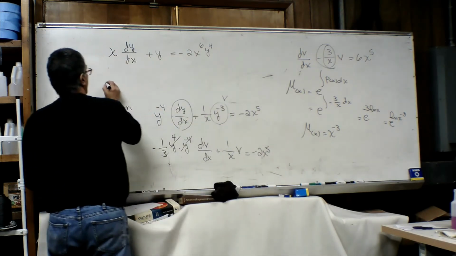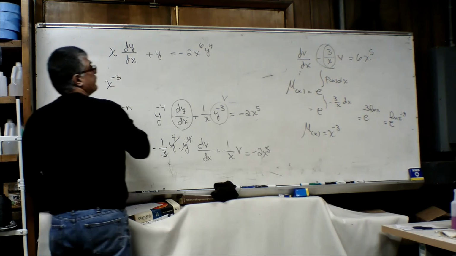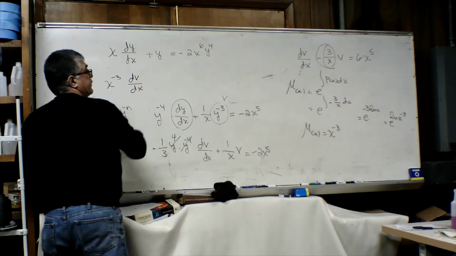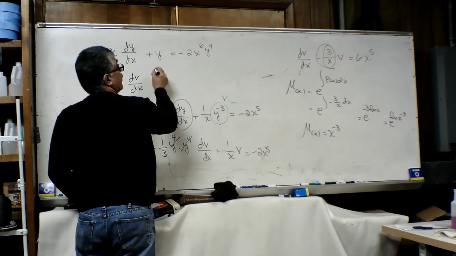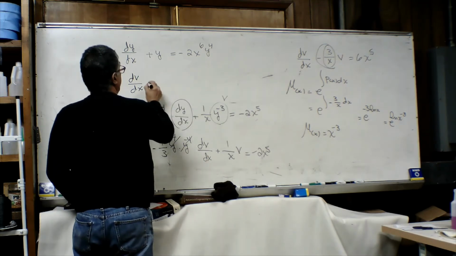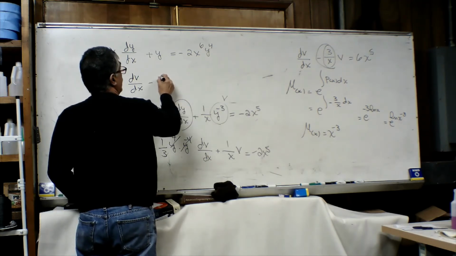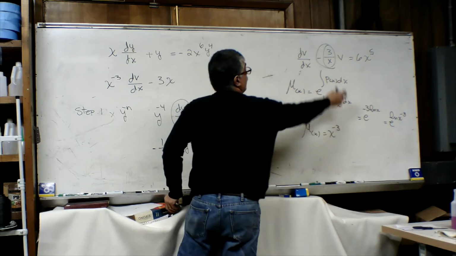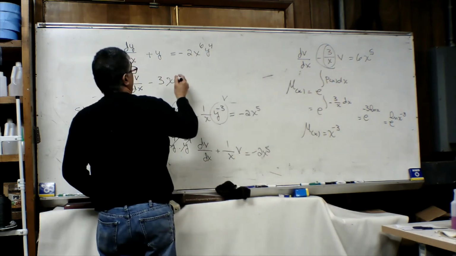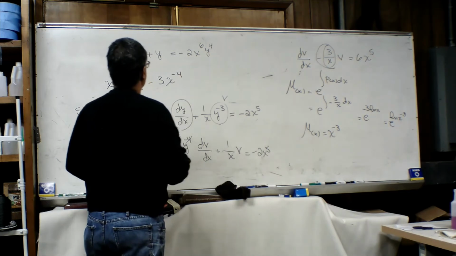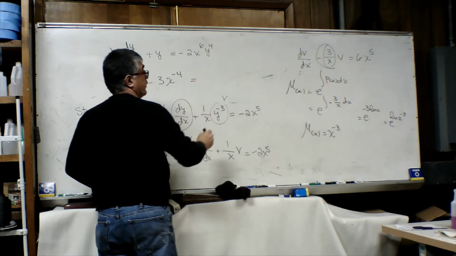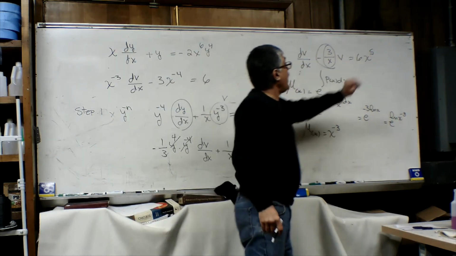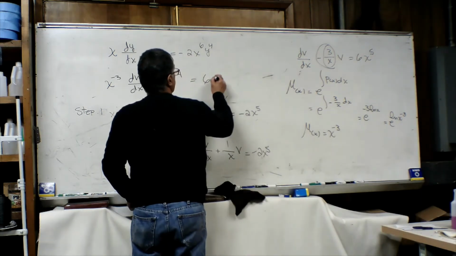So we're going to have x to power minus 3 dv over dx minus 3 x to power minus 3 multiplied by 1 over x, which is x to power minus 4, v equal to 6. X to power minus 3 multiplied by x to power 5 is x squared, 6x squared.